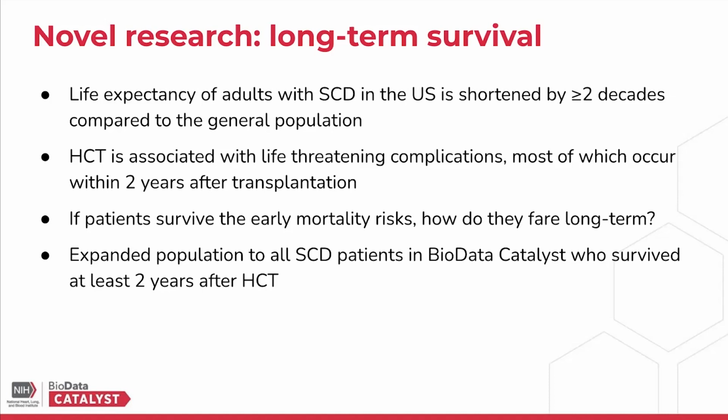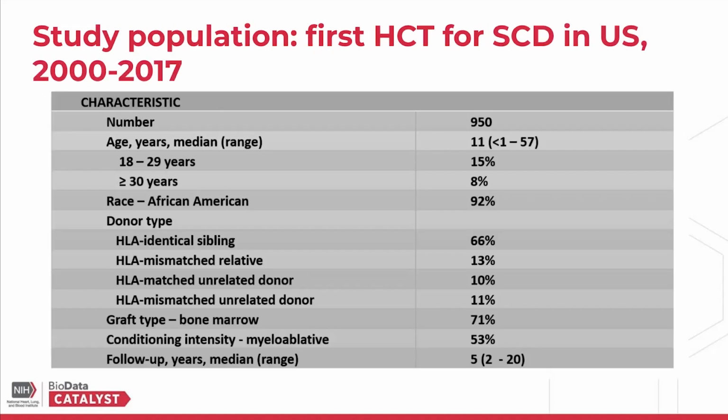Next slide, please. So we were able to identify in Biodata Catalyst 950 patients who had received their first transplant for sickle cell disease in the United States, and they ranged all the way back to 2000. Similar characteristics to what we would expect based on transplant trends, the median age being around 11 years, same type of distribution for the donor types as we would expect.